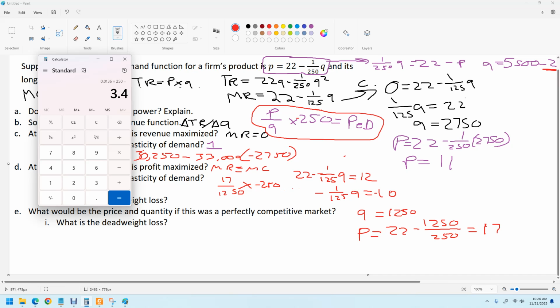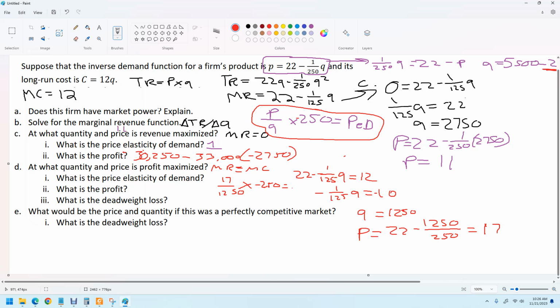It is negative 3.4 if you are using signs, but if you're using absolutes, it's 3.4. So that's often how it's going to be said, 3.4 in absolute terms, or negative 3.4 if you're not using absolute terms.